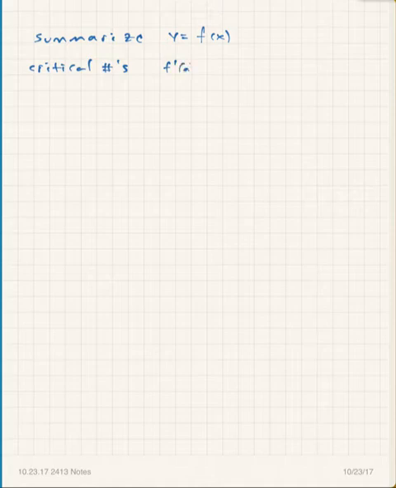So f prime of a is equal to 0, or f prime of a is undefined or does not exist. So critical numbers are places where the derivative is 0 or the derivative does not exist. And if you've got a function that's continuous, but its derivative is equal to 0 or does not exist, then you've got a couple of different situations.